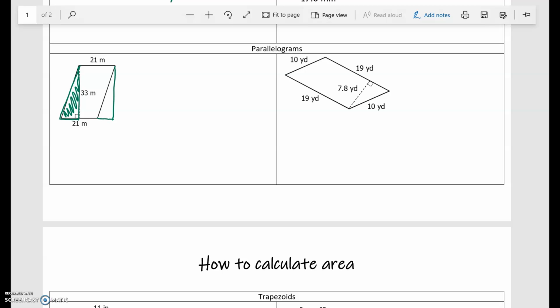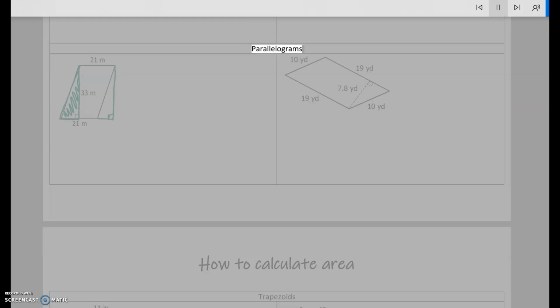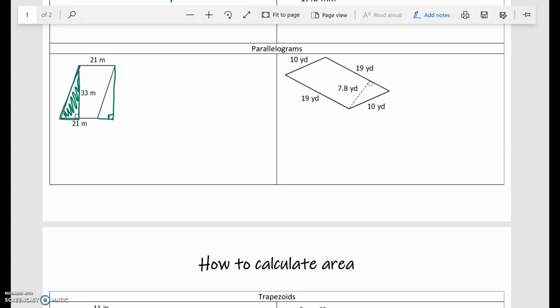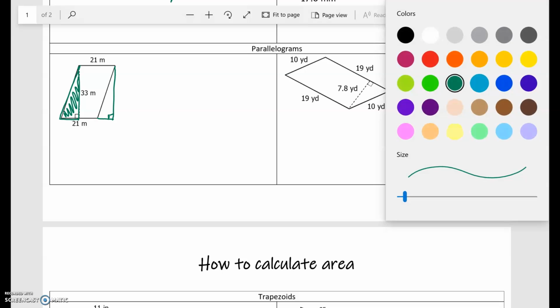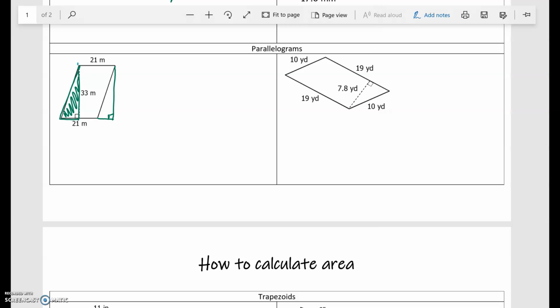and glued it or taped it, okay, I would end up with, and I'm going to change color. Whoops. Here we go. If I take that triangle and cut it and move it over to the other side, I would end up with a rectangle. Now with this rectangle, notice how our opposite sides are congruent.